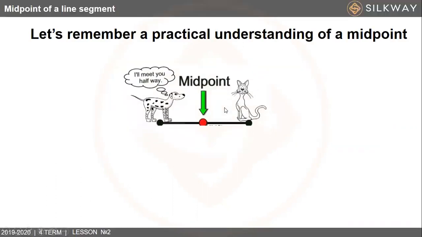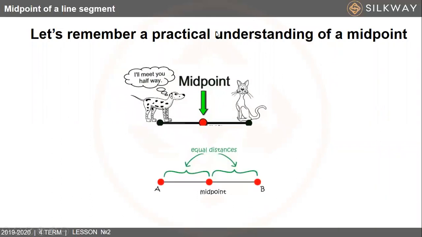Okay, let's remember what the midpoint is. Now you can see from the picture a dog and a cat. I'll meet you halfway. So where is the halfway? Let's draw a coordinate line, and point A here is a dog and point B is a cat.